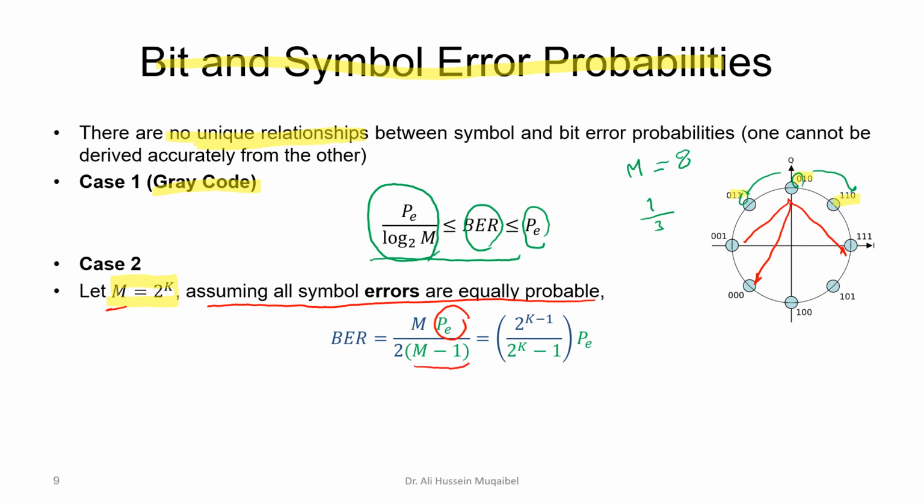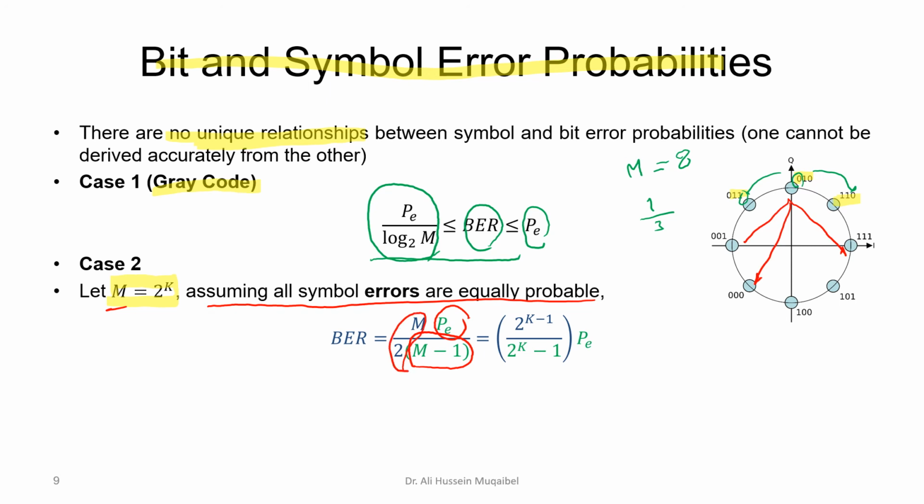You divide by M minus 1 because we have different symbols, and in any one of the symbols you're going to get M divided by 2, the number of bits, because we have M divided by 2. Out of that, M over 2, the average.